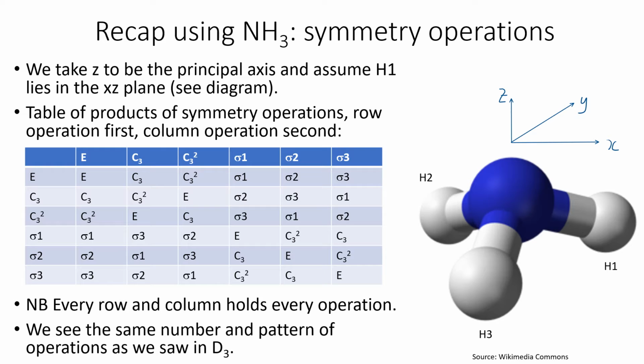So you might remember it didn't have any of the reflection symmetry, it just had rotation symmetries, but despite that it actually looked exactly like this, had the same structure, which is to say there were 6 operations and they multiplied by each other to form this kind of 6 by 6 table, and the orientations, the patterns if you like, of all the different symmetry operations look the same.